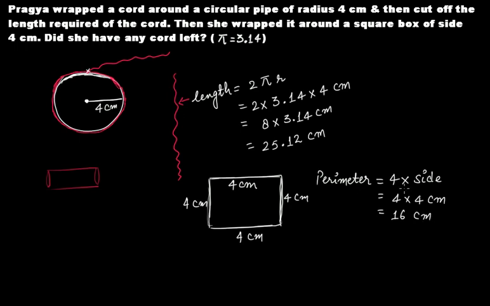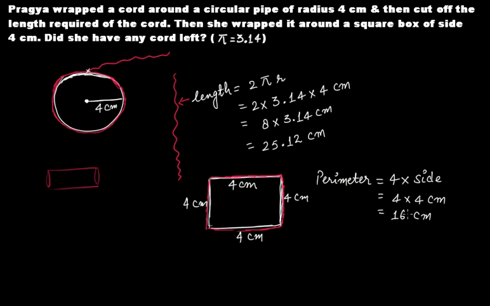So it means that when you wrap this cord around this square box, suppose you start from here, you wrap it around, and then again you wrap it around. So the length that you will use in wrapping around the square box will be how much?